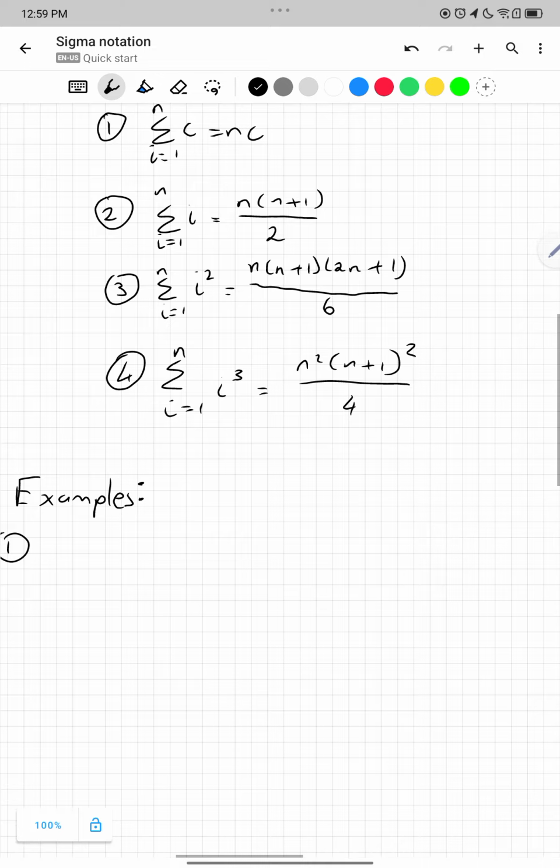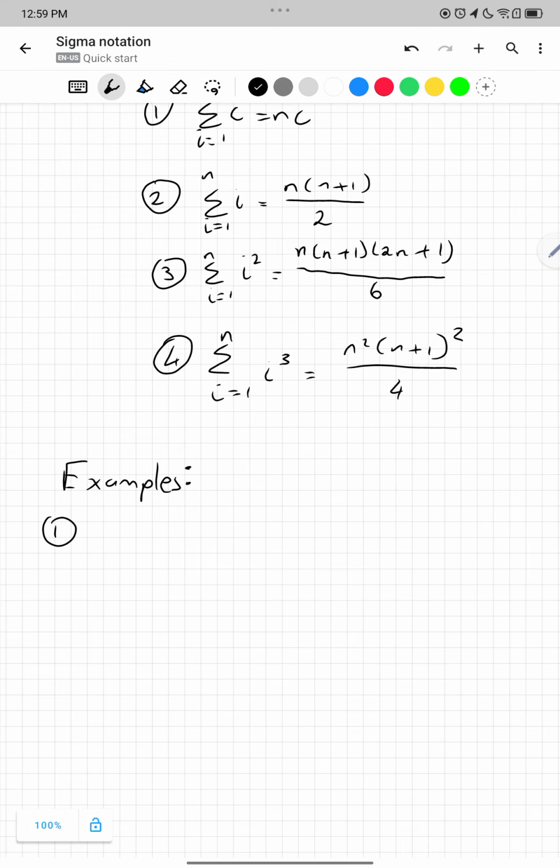Example number 1 is: find the following, or evaluate the following.